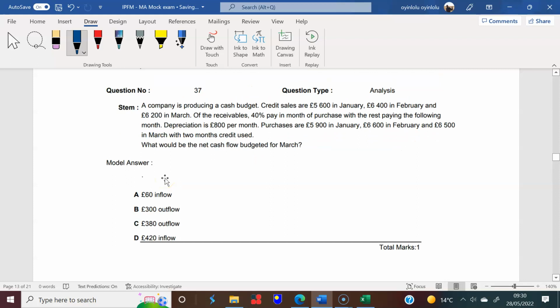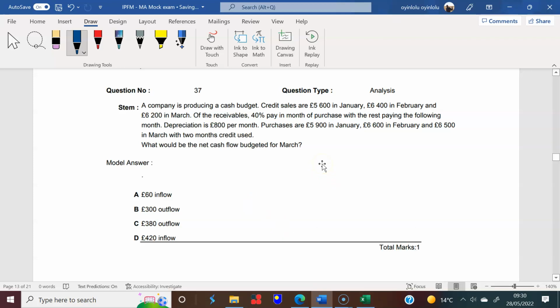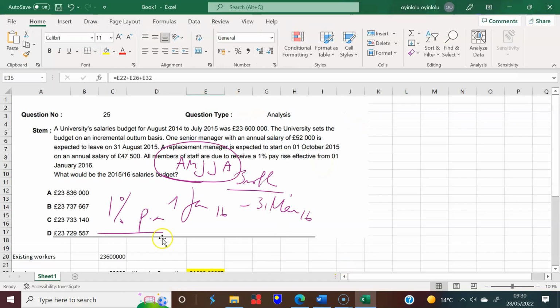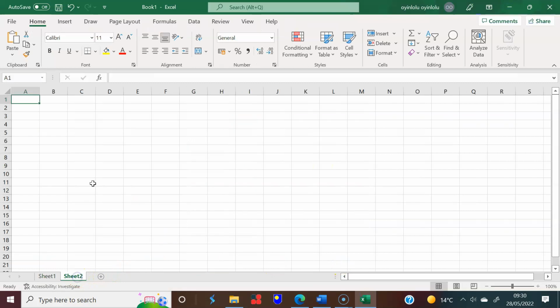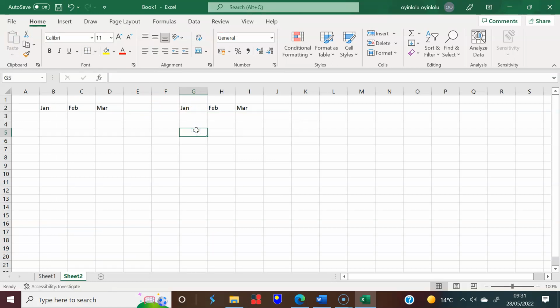I might just jump into my Excel program to do that quickly, and it'll be faster that way. Let me write here January, and drag that along to March, and repeat the same thing for the actual cash sales. I'm going to put the sales figures and then also put the budget.